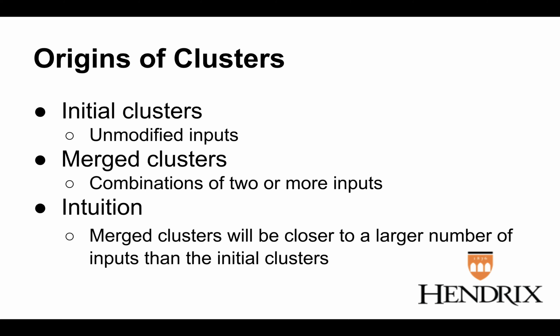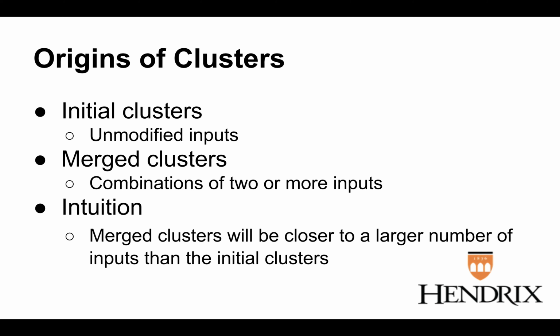But I first want to make some observations, as I wasn't thrilled with some of the data I got with the first iteration. My intuition was that it was not making a distinction between clusters which were raw input samples and clusters that were the result of several iterations of merging.